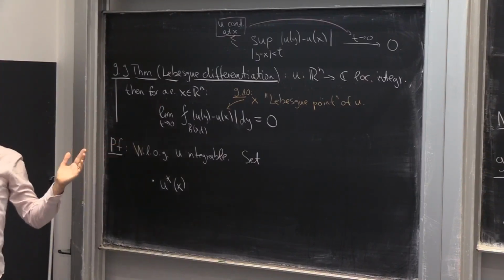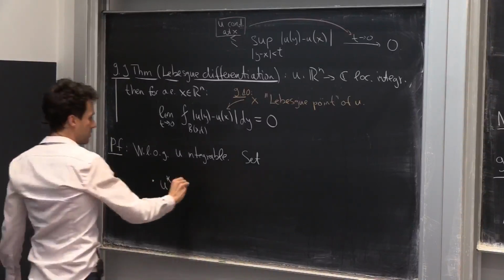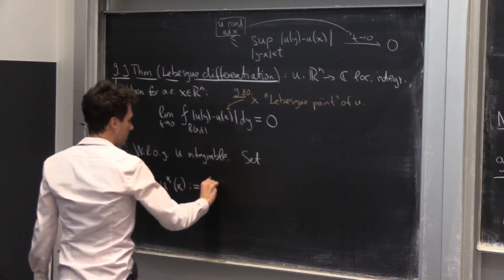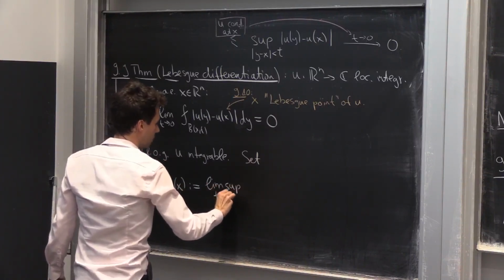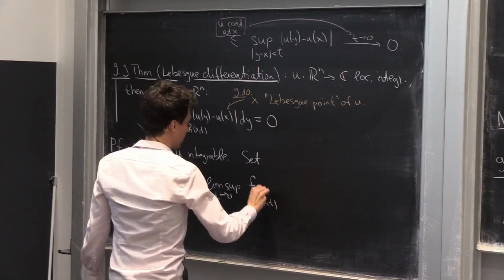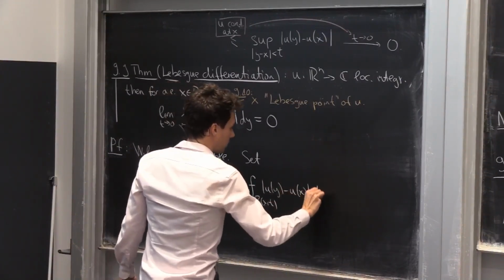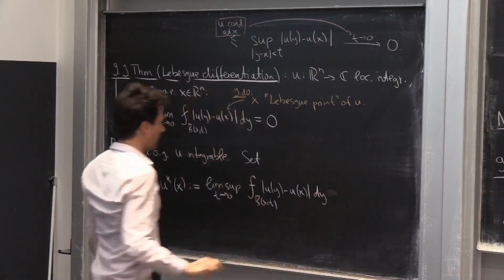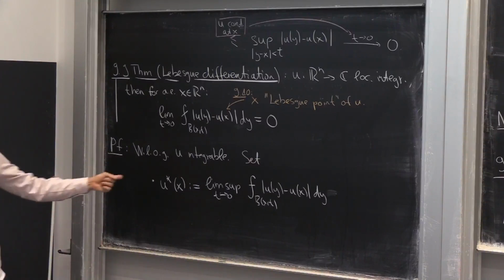But it's a bunch of positive quantities. I could just look at the lim sup in t and then hope that it's 0 all the time. Then this also proves convergence. So I'm going to use u star of x to denote the lim sup as t goes to 0 of the thing I want to look at. Convergence in this sense is equally good as saying that u star at x vanishes.